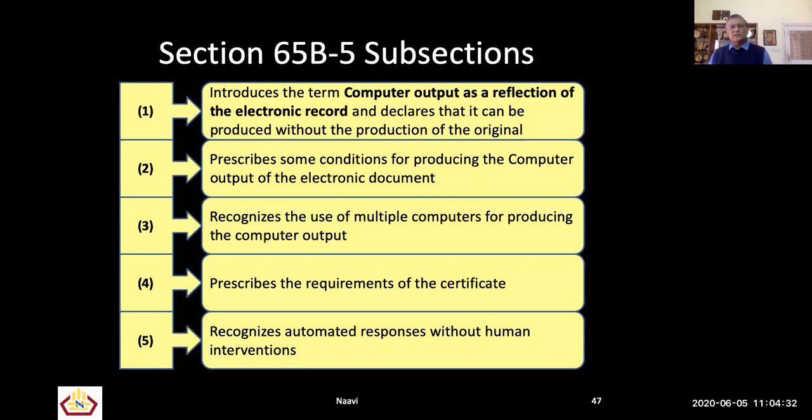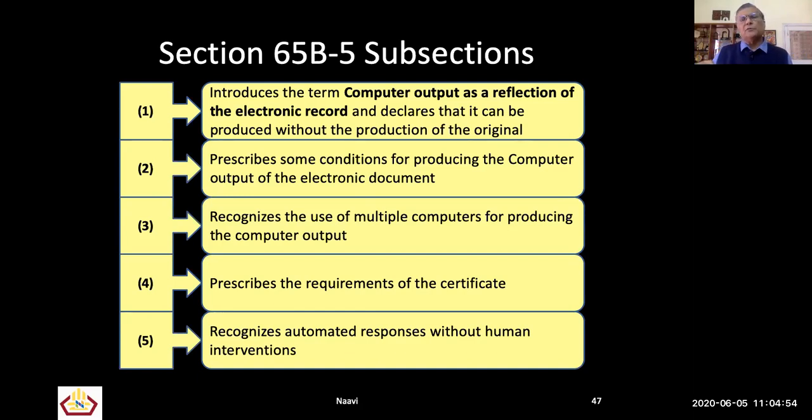Then subsection 2 and other subsections talk about what is a computer and what should be the conditions of the computer and other things. If you don't read subsection 2 along with subsection 1, you get confused. Subsection 2 says there should be a lawful owner of the computer.